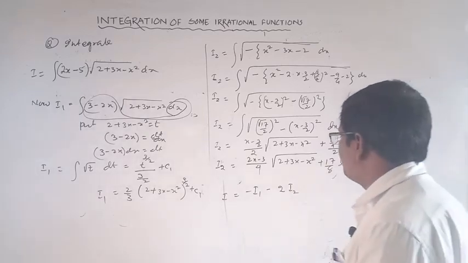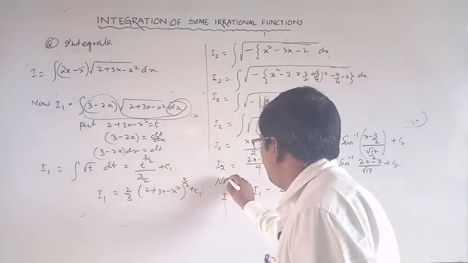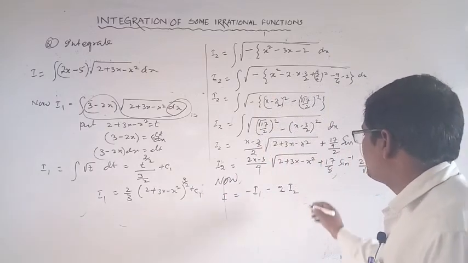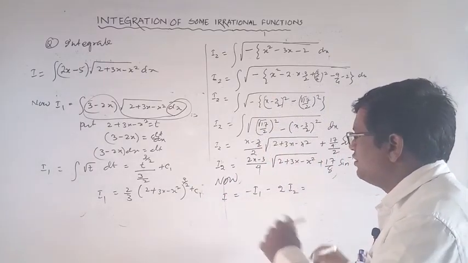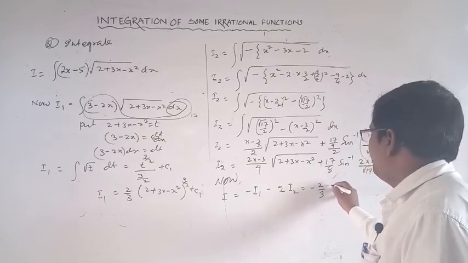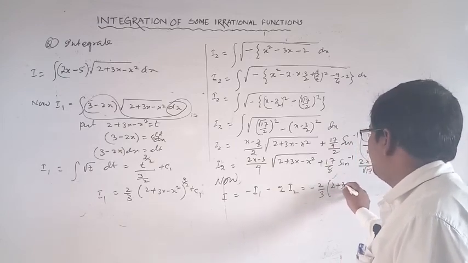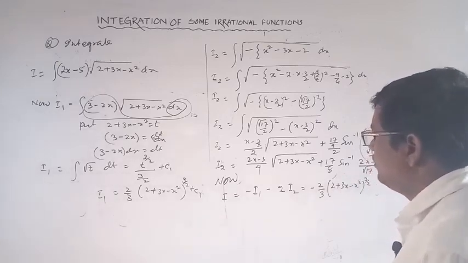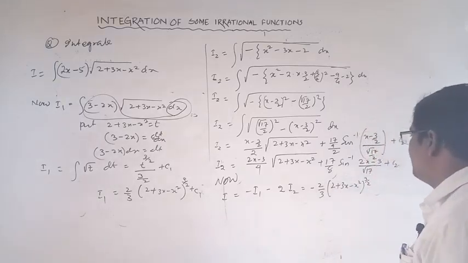Now I is equal to what? I is equal to I1 minus 2 I2. Minus I1 means minus 2 by 3 (2 plus 3x minus x square) to the power 3 by 2. See, constant plus constant is another constant.